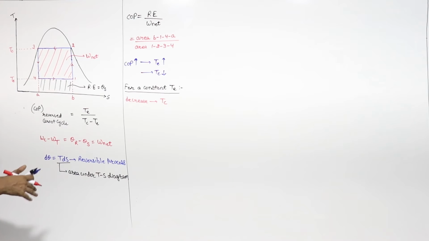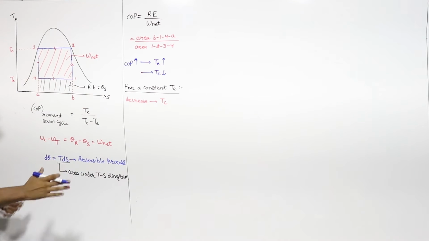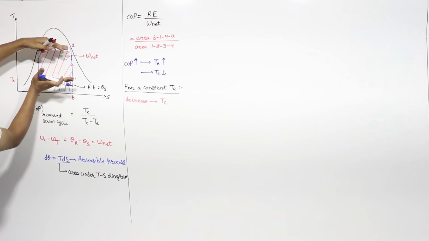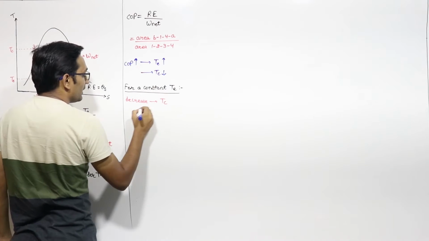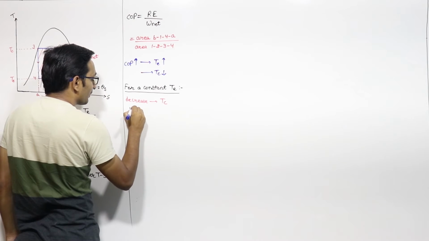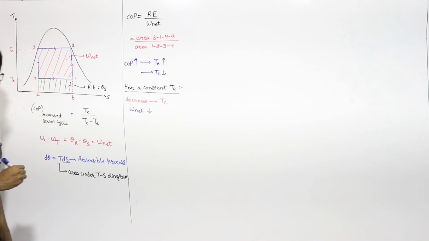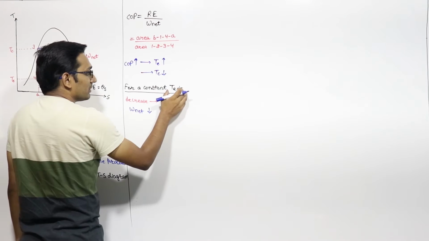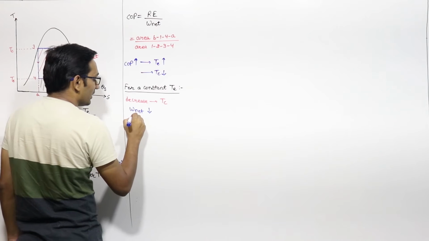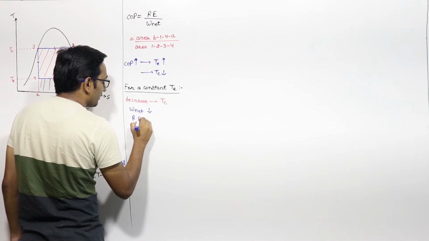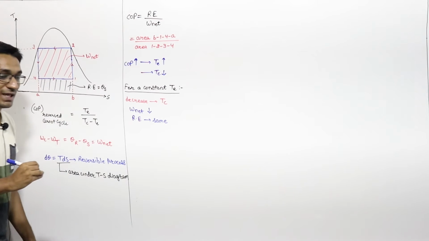If this condenser temperature will decrease, then the area of this curve will decrease, right? If it comes down and it will be here, then the area will be decreased. So we can say that if you decrease the condenser temperature, then W net will decrease, but this is constant. Evaporation temperature is constant, so the refrigeration effect will be same.